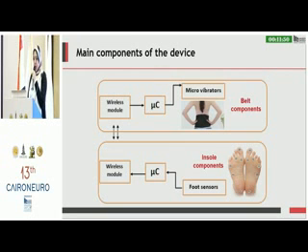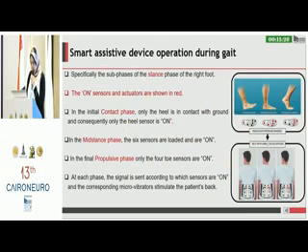The main component of the device consists of 6 sensors per foot. Each sensor signal goes through a microcontroller to be transmitted through a wireless module to another wireless receiver, which receives the message and initiates the microvibrator on the patient's back in the belt.